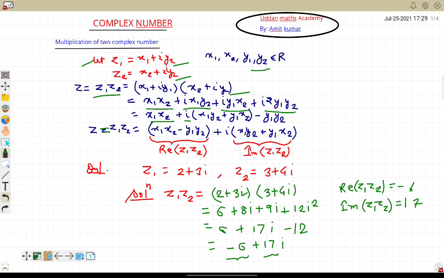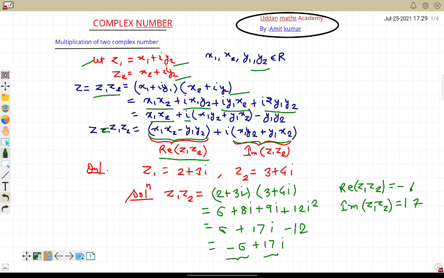We can arrange all the real part in one bracket and all the imaginary part in another bracket. So x1 x2 minus y1 y2 is the real part of z1 z2, and iota times x1 y2 plus y1 x2 is the imaginary part of z1 z2. In this way we can find the product of any two complex numbers.